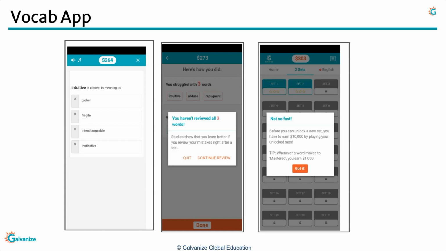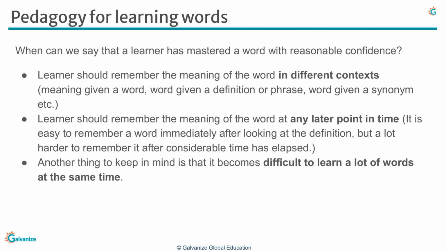Suppose before you even review, you want to unlock the third set. You will not be allowed to do so. You have to get a minimum of say $10,000 of virtual money before you unlock the next set of words. That is how the vocabulary app is structured.